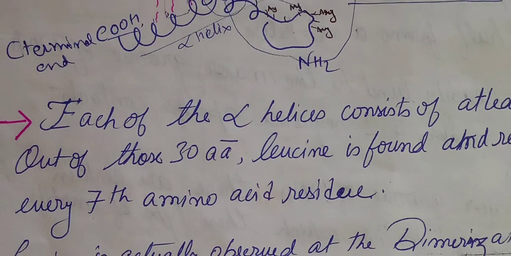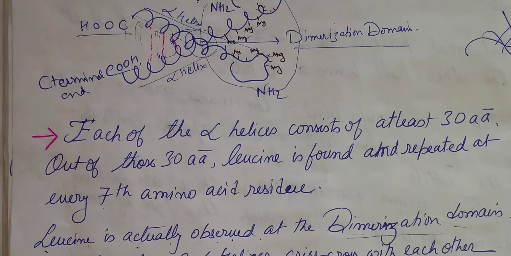Okay, so each of these alpha helices consists of at least 30 amino acids. If you look, out of those 30 amino acids, leucine is found and repeated at every 7th amino acid residue. This is very important. That's why the name leucine comes here.